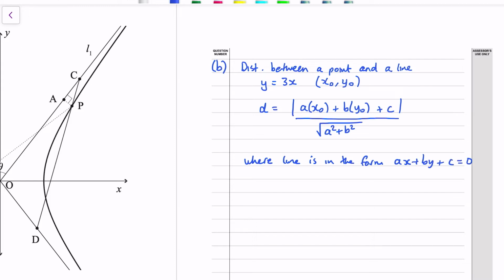So any straight line can be written in that format. Our line can be, we write 3x minus y plus 0 equals 0. That's the line y equals 3x.